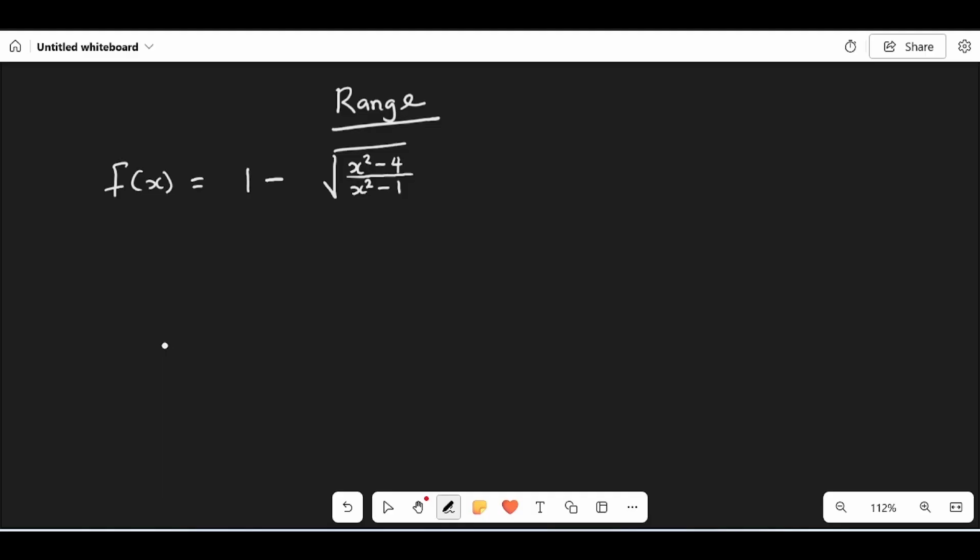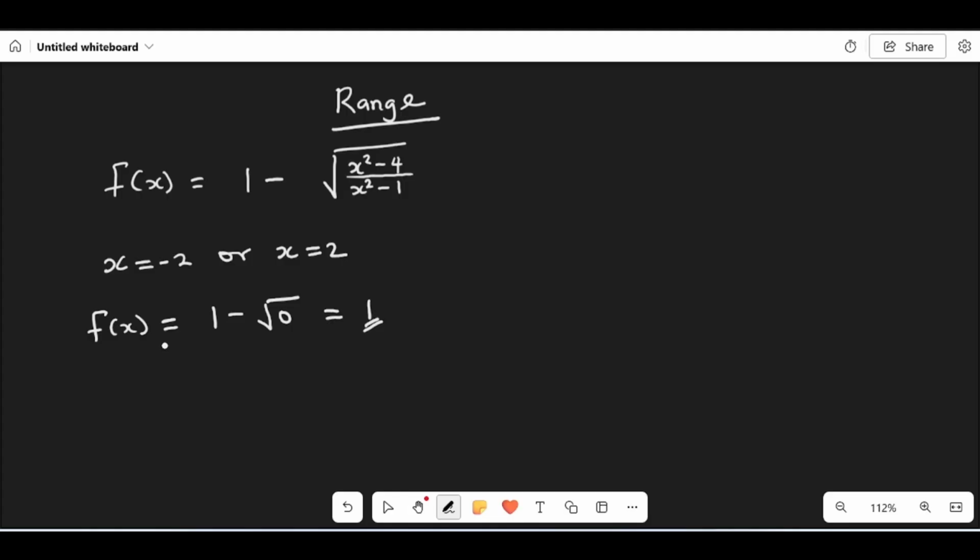And that happens when the numerator is 0, when x equal to -2 or x equal to 2. At those points, our f of x will be 1 minus root 0, which gives us 1, which is our maximum value.